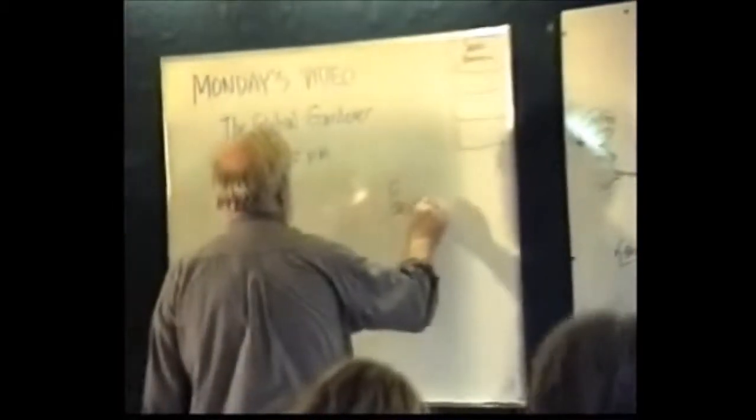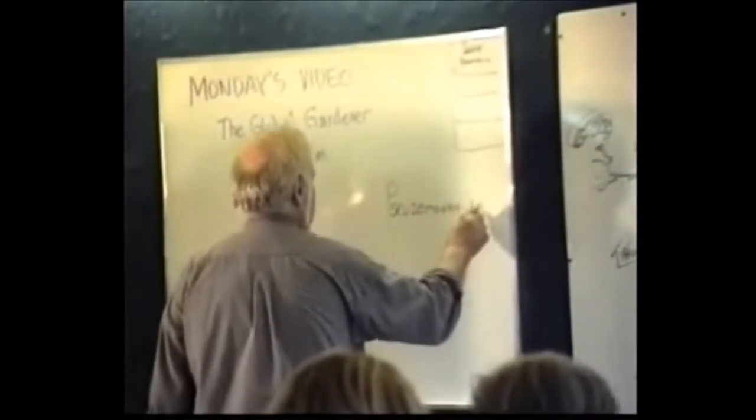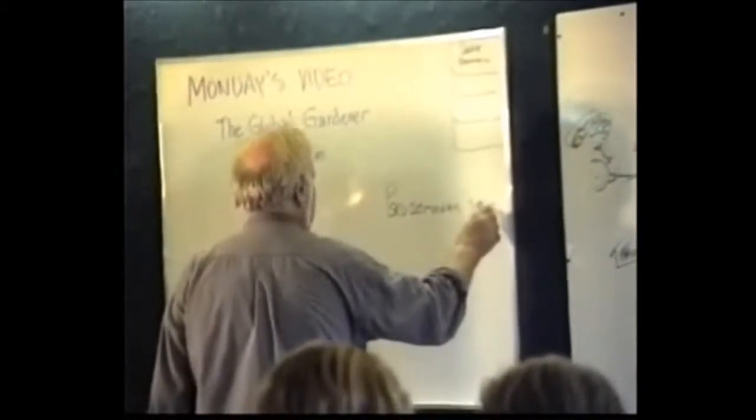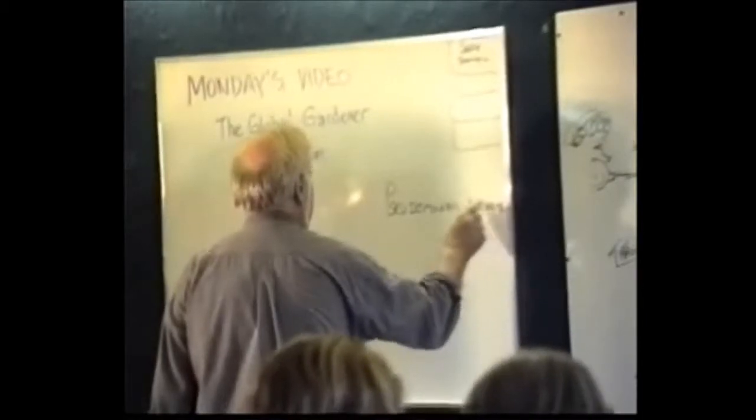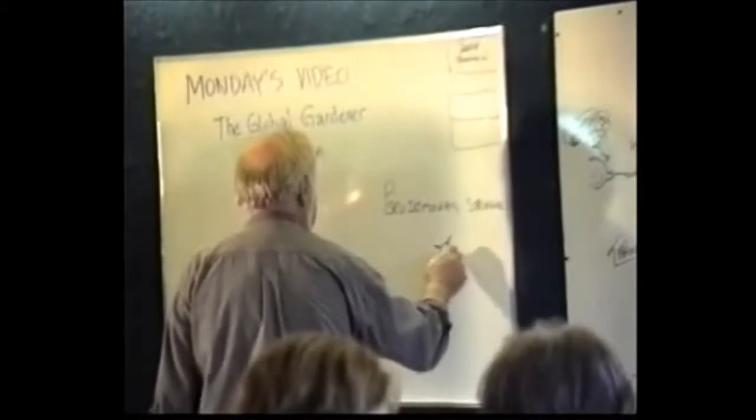There's a bacterium called Pseudomonas syringae. And it is a little hard circular bacteria. It has little spikes on it.